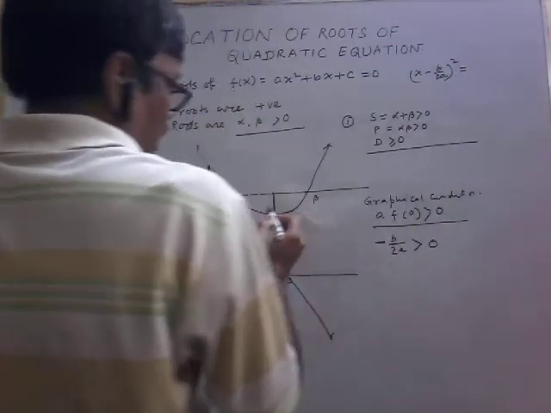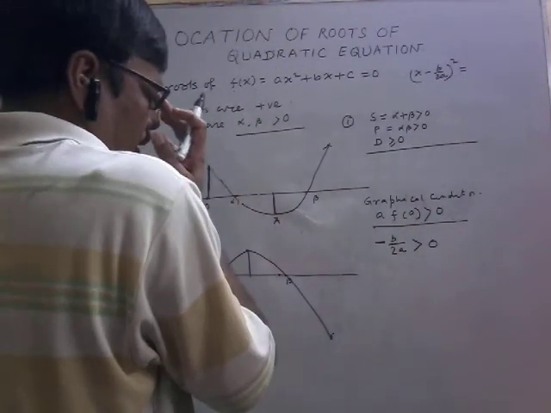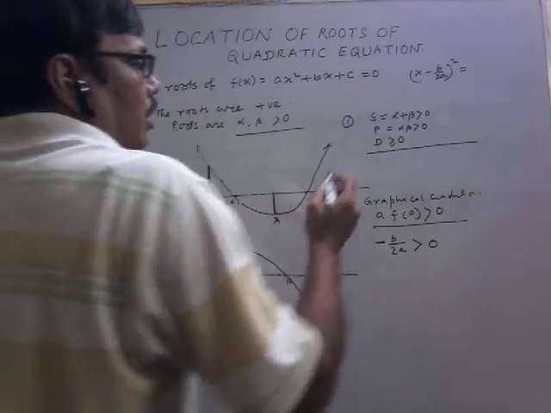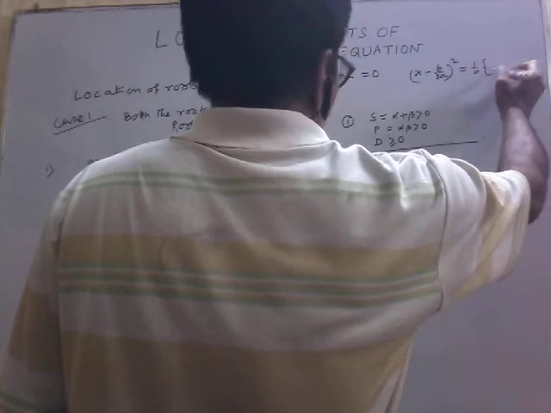So this is the x coordinate, then 1 by a.